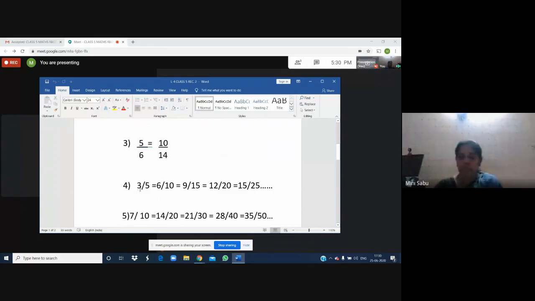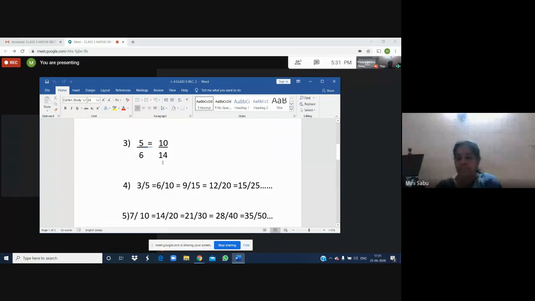Okay, and how do you get 6 by 10 from 3 by 5? 3 multiplied by 2 is 6, 5 multiplied by 2 is 10. How do you get 9 by 15 from 3 by 5? 3 multiplied by 3 is 9, 5 multiplied by 3 is 15. Similarly, 3 multiplied by 4 is 12, and 5 multiplied by 4 is 20.